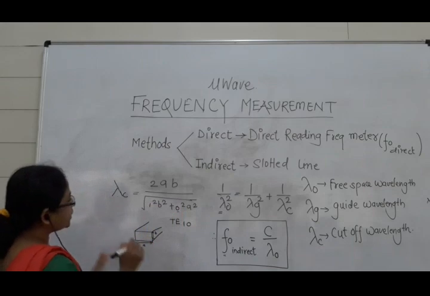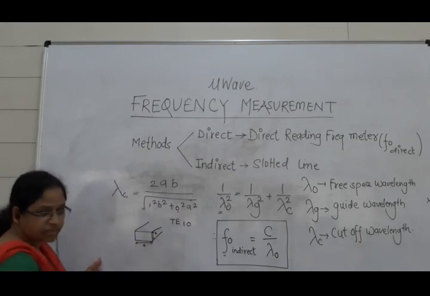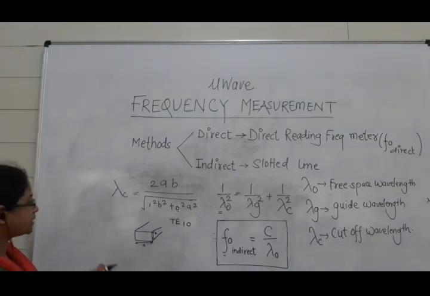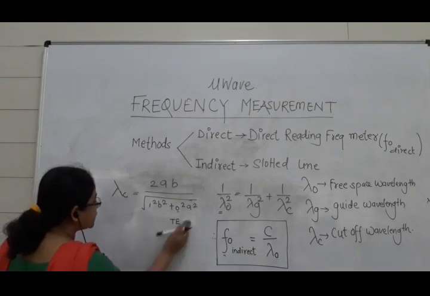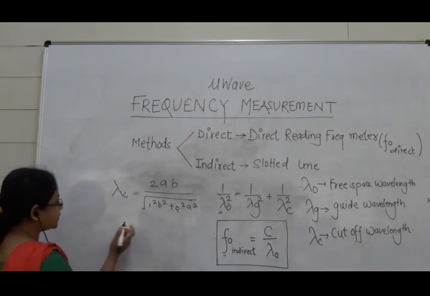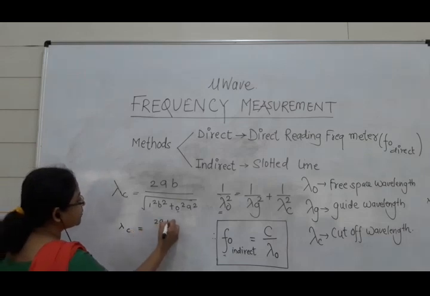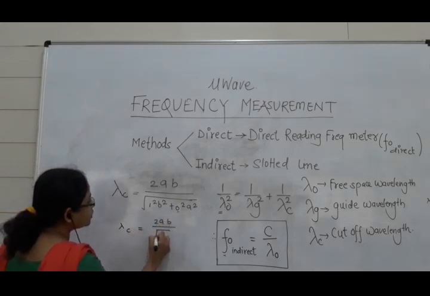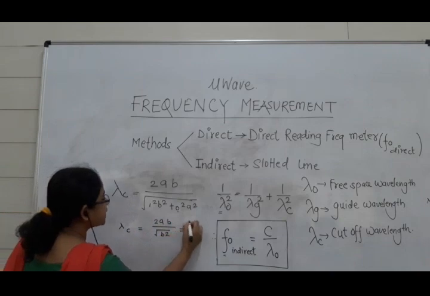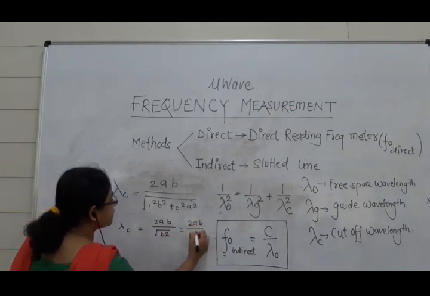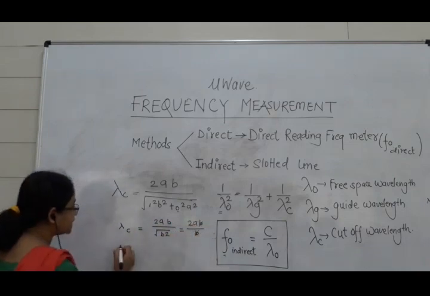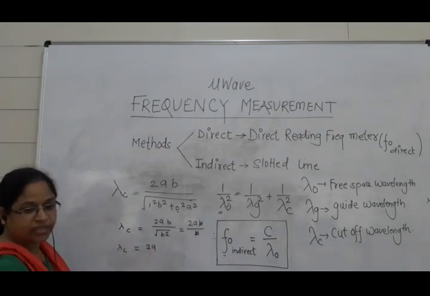Whenever I put these values, the lambda c I find is twice ab divided by root b square, which means twice ab divided by b. So b gets cancelled and lambda c is equal to 2a.